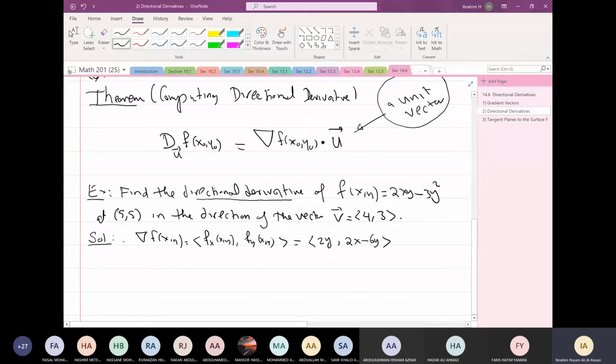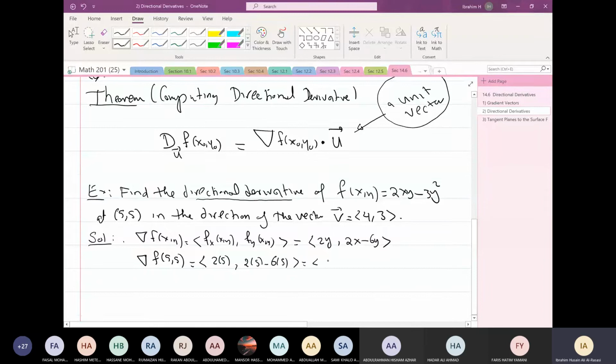I need the gradient at the point (x0, y0). Here the point is (5,5). Just substitute x equals 5 and y equals 5. This becomes (2 times 5, 2 times 5 minus 6 times 5).